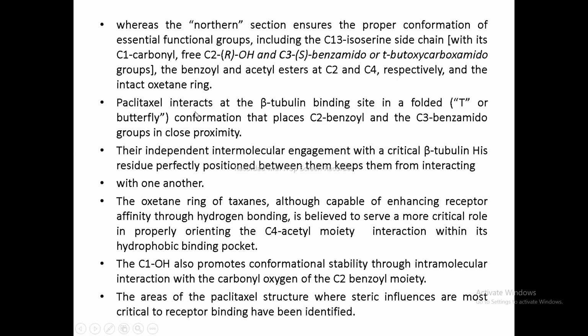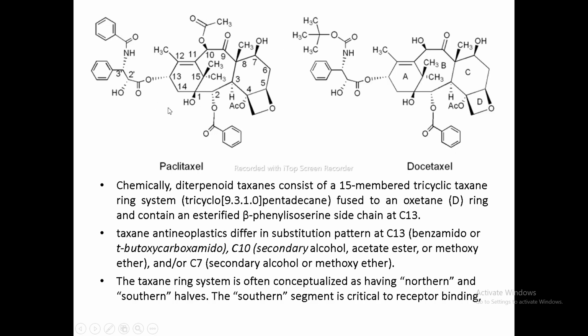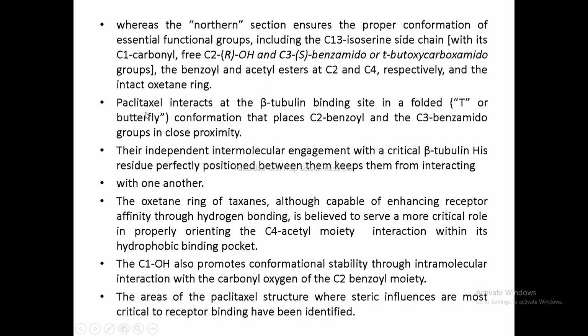Paclitaxel interacts at the beta tubulin binding site in a folded conformation. The paclitaxel drug binds to the beta tubulin binding site in a folded manner, either in a T shape or in a butterfly shape, which places the C2 benzoyl and the C3 benzamido groups in close proximity.